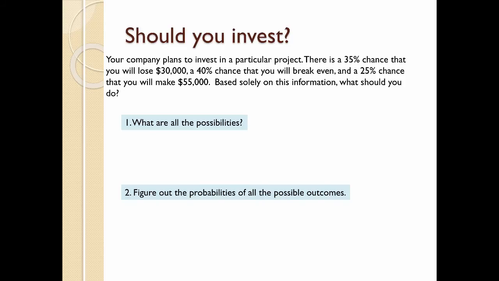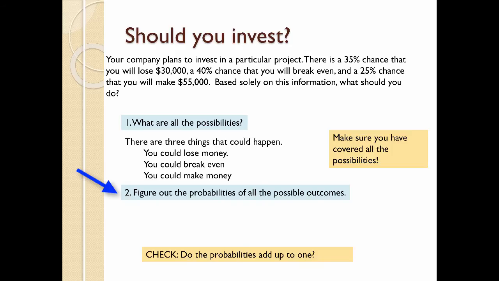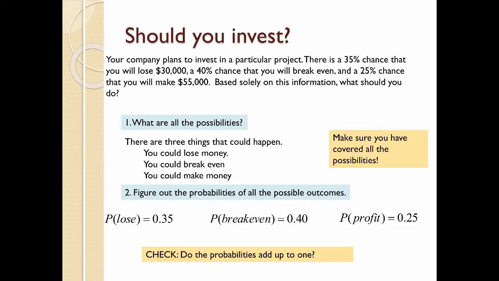So what should you do? Well, first let's list out the possibilities. You could lose money, you could break even, you could make money. So let's figure out the probabilities of all the possible outcomes. You could lose money. There's a 35% chance, so 0.35. You could break even with a 40% chance. You could make a profit with a 25% chance.